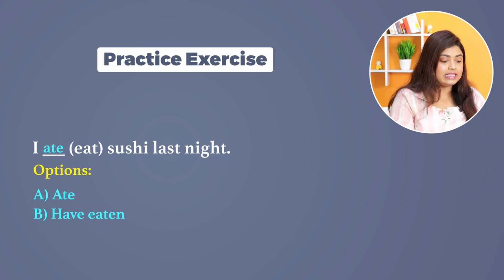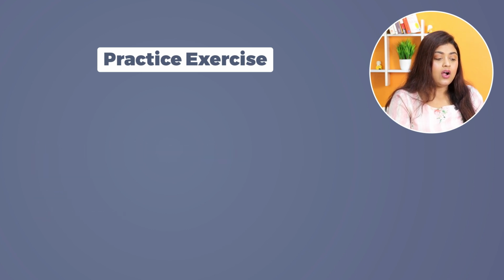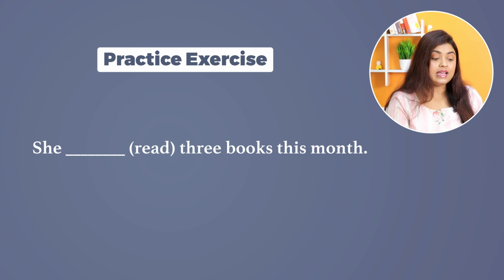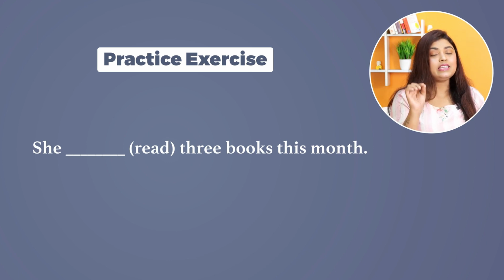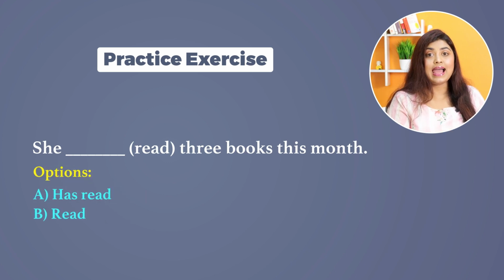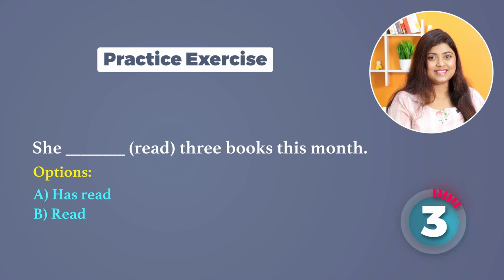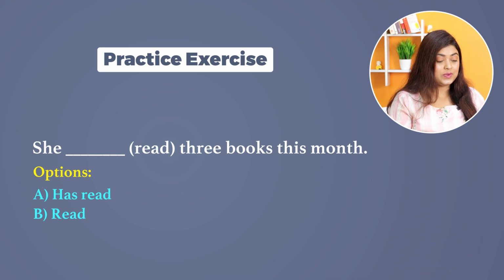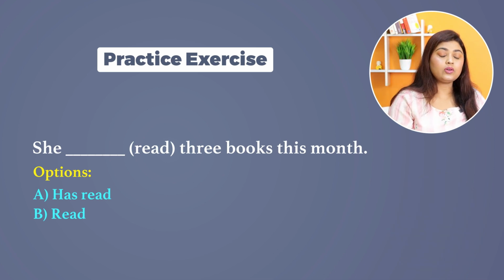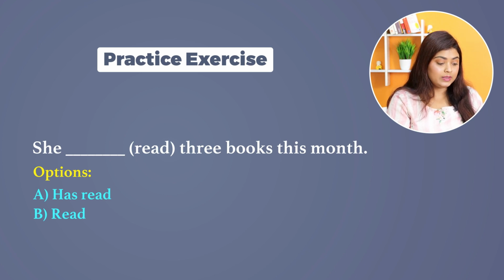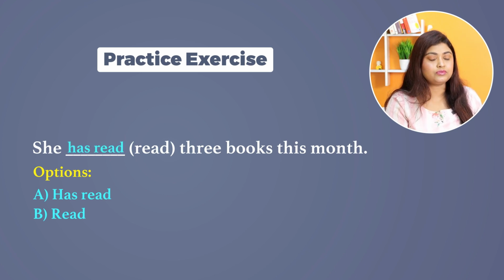Let's proceed with the next sentence. So, our next sentence is, she blank 3 books this month. And here the verb is read. Your options are has read or read. Okay, so now the correct answer here will be has read.